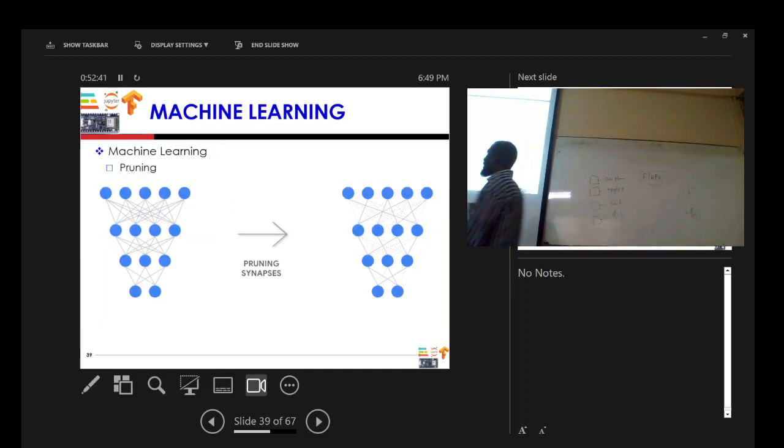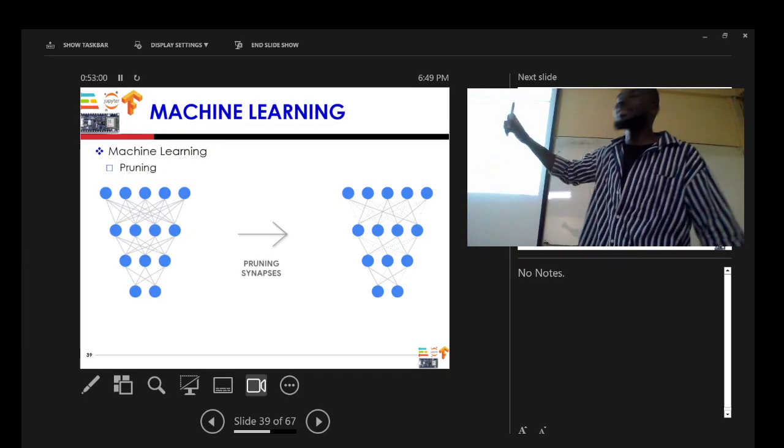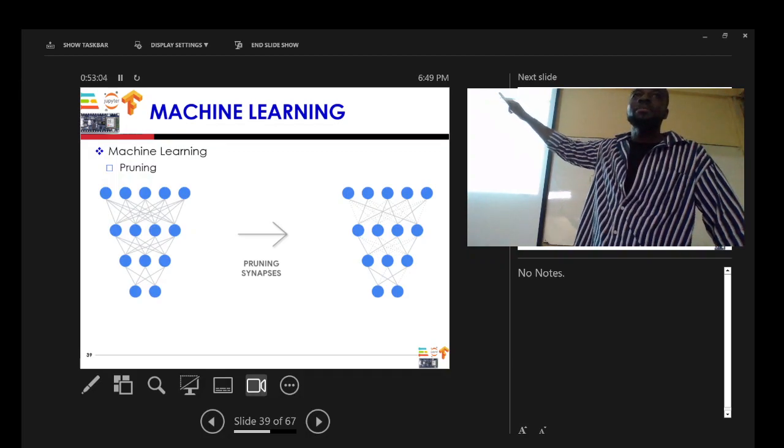So this is how the algorithm looks like in real life. You have neurons and then you have interconnections. Now, as I said, all of these interconnections have weights, W1, W2, W3, right? I said last time that the first layer is the input layer.